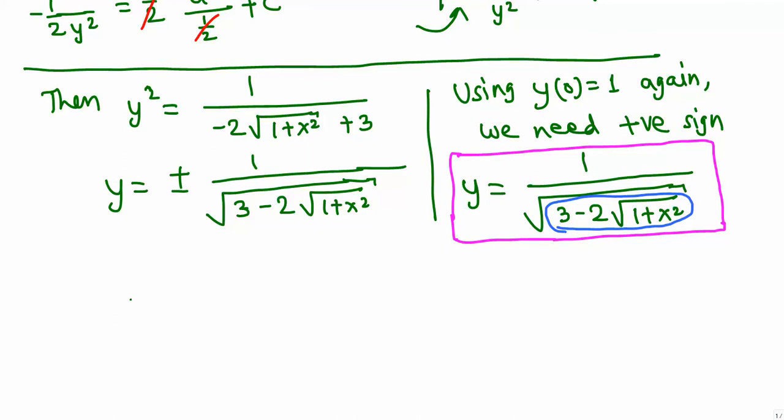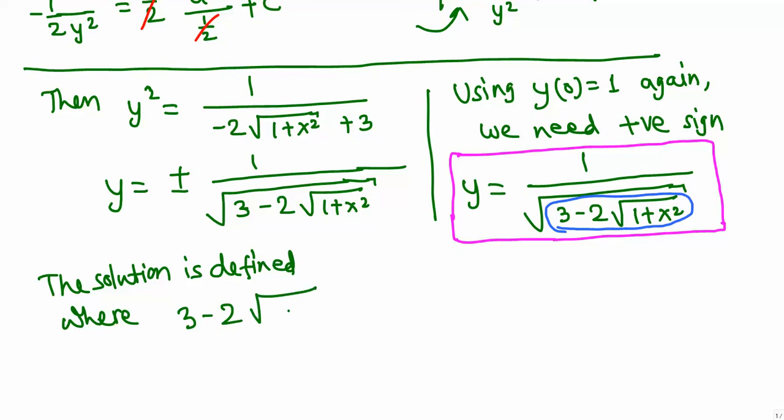So the solution is defined where 3 minus 2 times square root of 1 plus x squared is strictly positive. We want to find the interval where this is strictly positive, and that interval should include the initial x value, which is 0.